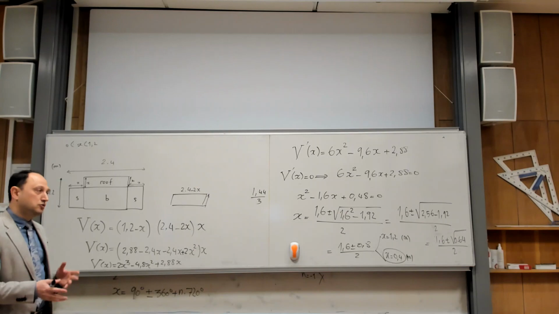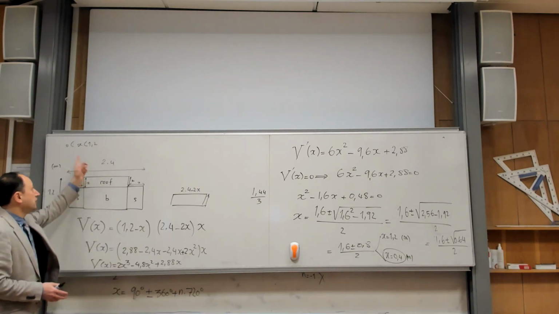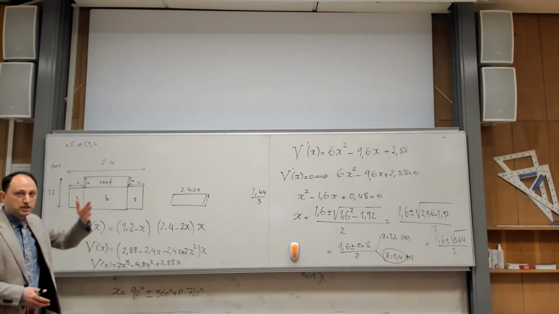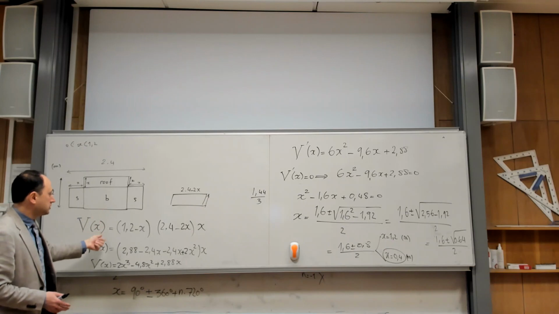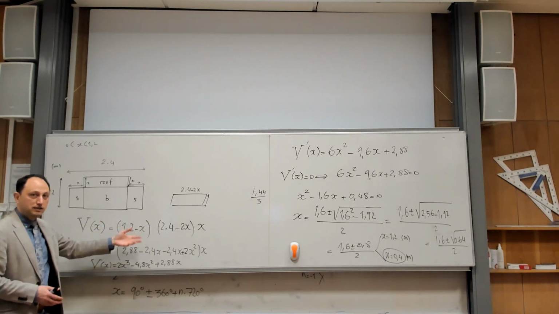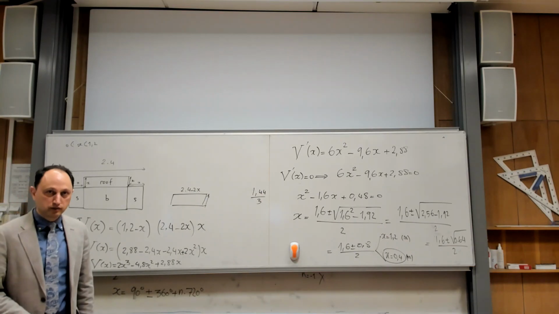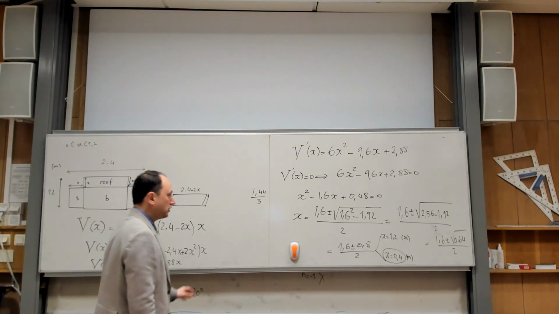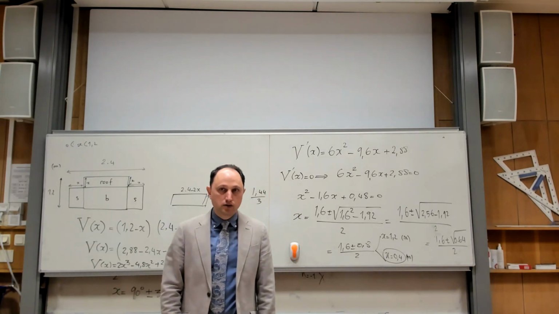But if you remember, we also learned maximizing or minimizing a continuous function on an interval. You don't need those tests. You just find the values and then put them in the function. The maximum value you get is the maximum of the function. The minimum value you get is the minimum value of the function. So if we have done everything right, hopefully this is the correct answer. 0.4 is the answer that we're supposed to find.